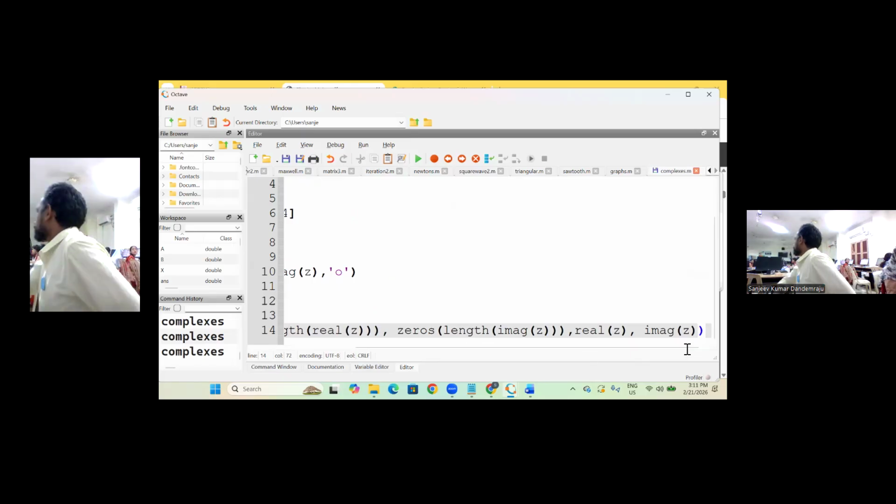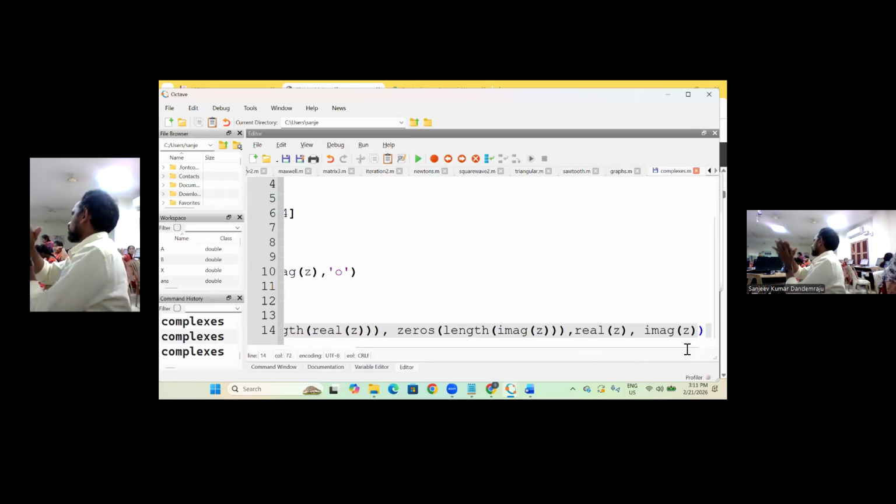So for quiver, we have to give 4 inputs. Starting point for x coordinate, which is 0. Starting point for y coordinate, that is also 0. And ending point for x coordinates, ending point for y coordinates. So my ending points are already fixed, real z and imaginary z.